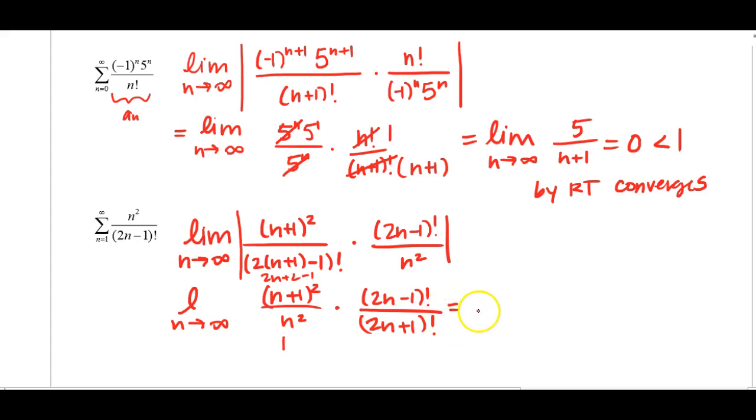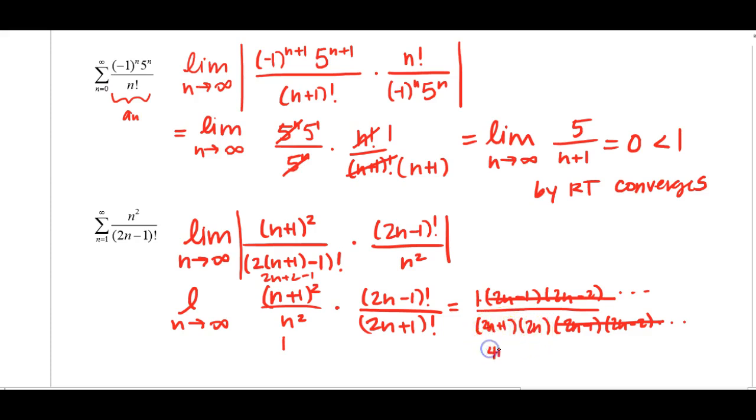So let's expand the denominator here. 2n plus 1 factorial is 2n plus 1 times 2n times 2n minus 1 times 2n minus 2, etc. And the numerator would be 2n minus 1, 2n minus 2, etc. being multiplied. So on the top, all I'm going to have left is a 1. And on the bottom, everything 2n minus 1 and below will cancel, so the denominator is just 2n plus 1 times 2n.